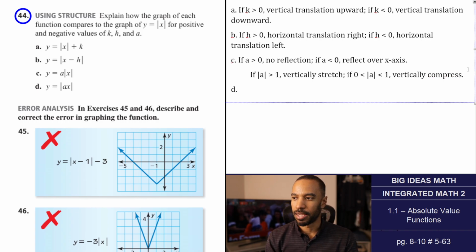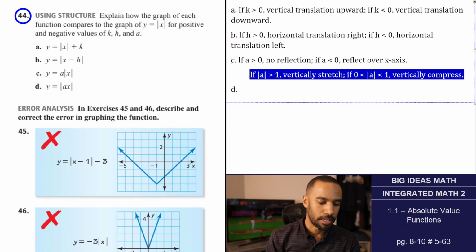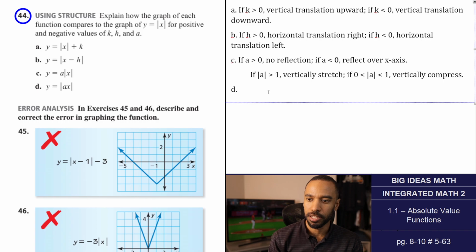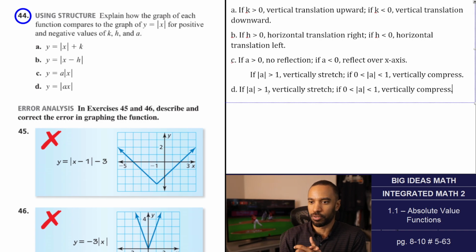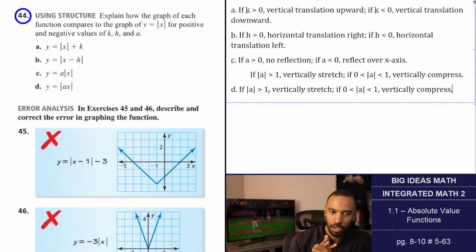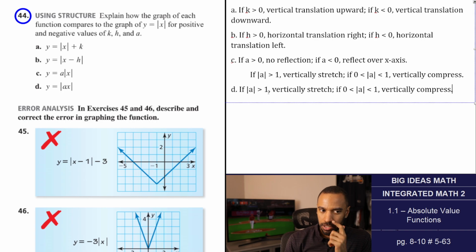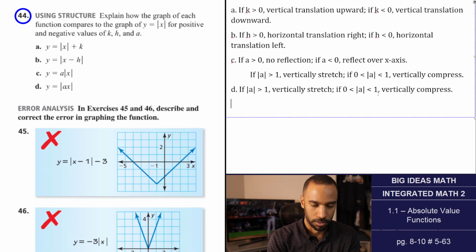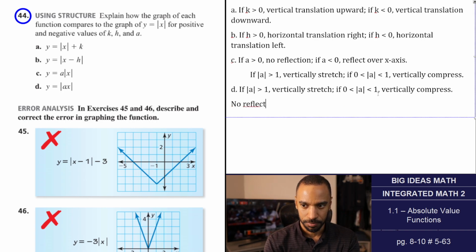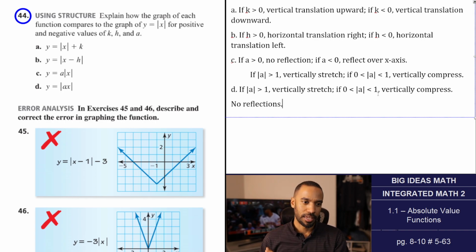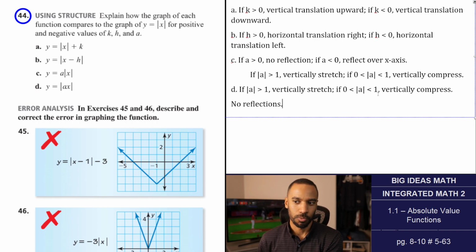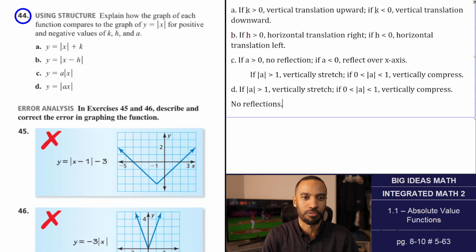That's also going to apply to part D, so I'm going to copy that and paste it over. That's all I'm going to put for D. There are no reflections. If A is negative, I'm still not going to reflect over anything, and because there's no h, it doesn't change the sign. So that works for me.